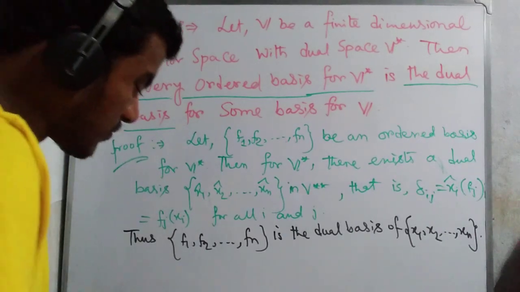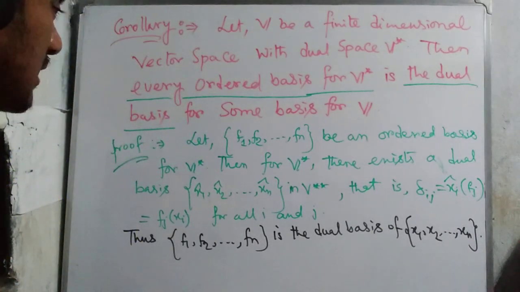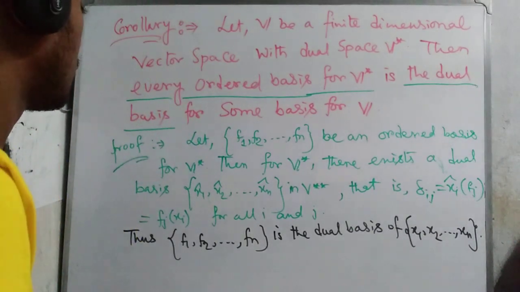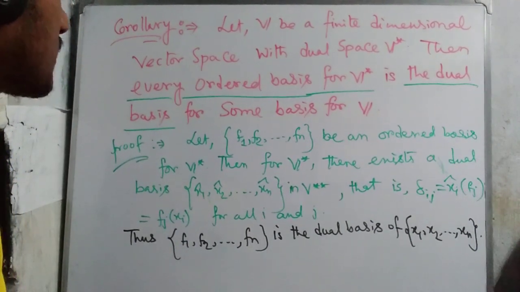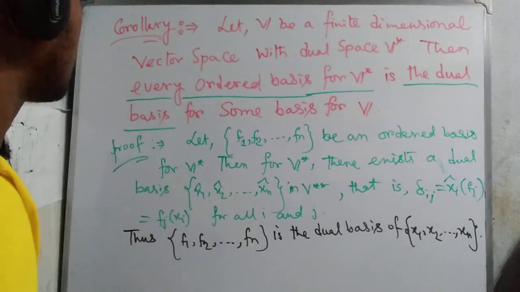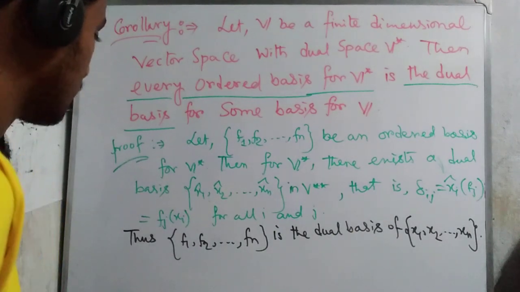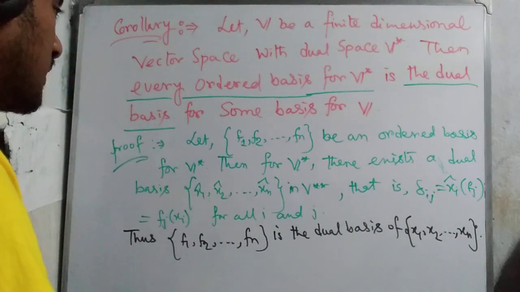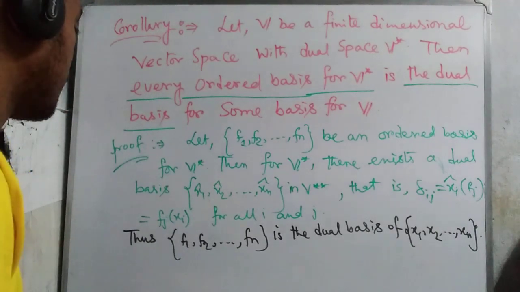Now we have shown that every ordered basis for V star is the dual basis for some basis for V. That means f1, f2, ..., fn is the dual basis of this.